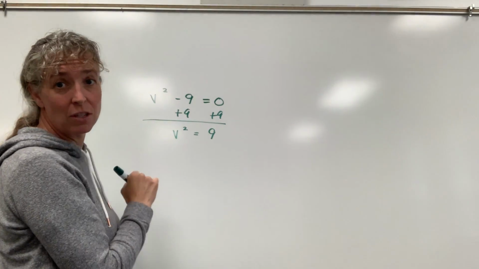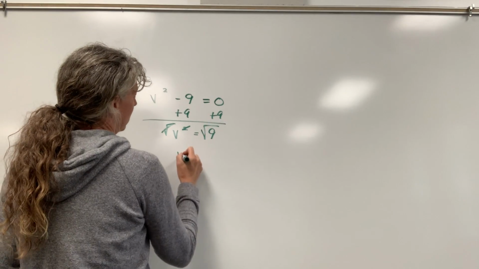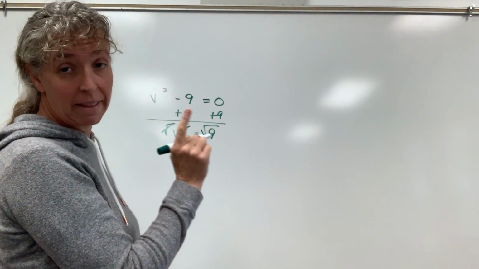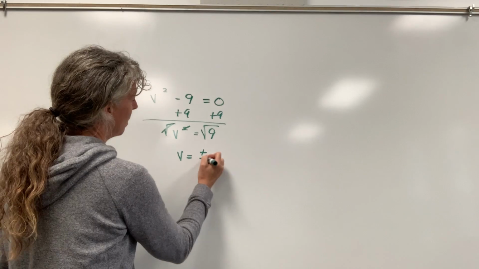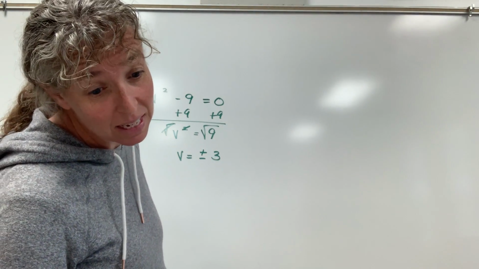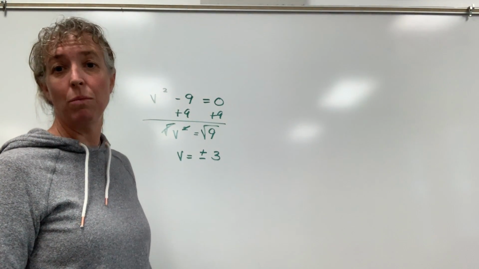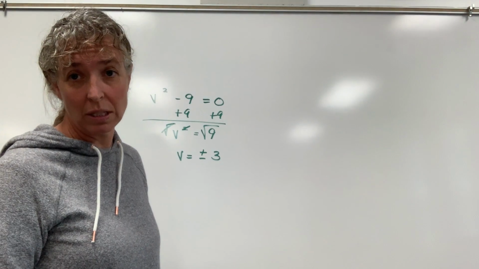Now, how do I get rid of a square? I have to take the square root. Remember, when you take the square root of 9, the answer is either plus or minus that, right? So for 1c, there are actually two excluded values. A positive and a negative 3 would both make the bottom of that equation equal 0.